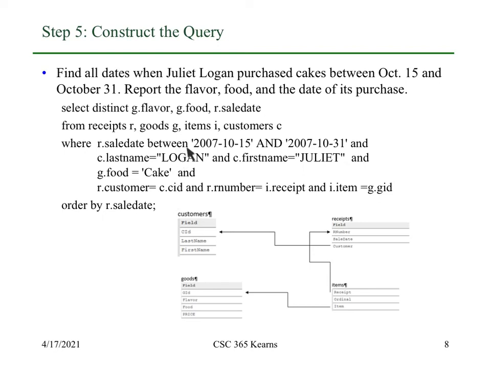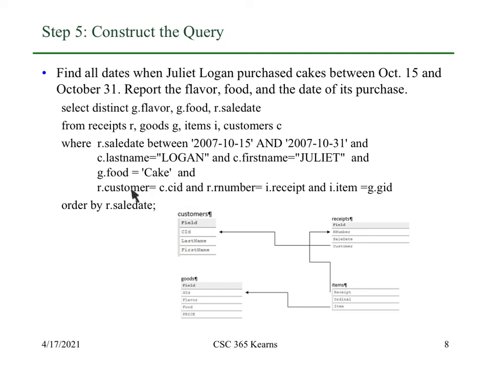So we need the sales date. That's pretty obvious, between October 15th and October 31st. We need the person's name, that's Juliet Logan, and we need the food type, the cake, and then finally we need to make sure that all the tables are linked to one another, so we only get the tuples that we want.